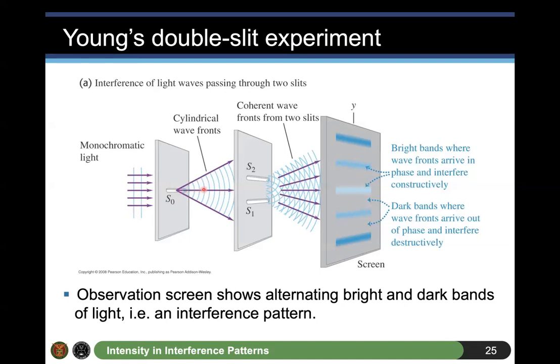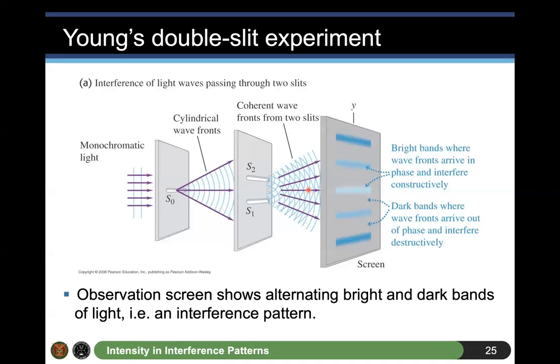This cylindrical wavefront is just one source. We pass it through the double slit, the two slits, S1 and S2. This will now produce two cylindrical wavefronts from each source, and we see a similar interference pattern to what we saw earlier.